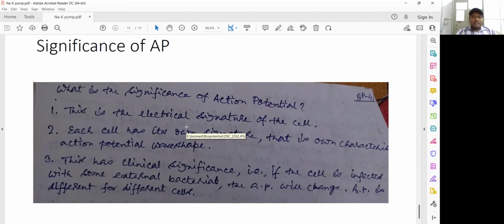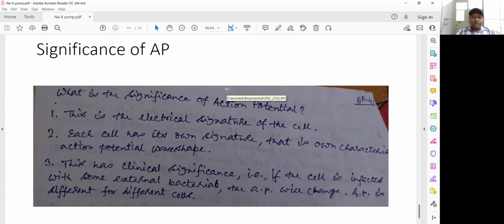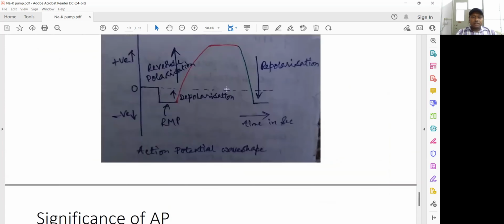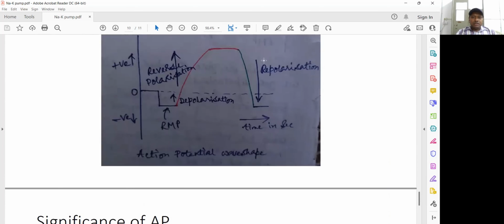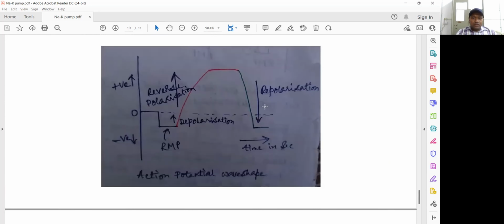Electrical signature means that if the cell is a nerve cell, this wave shape will be different than if the cell is a muscle cell.